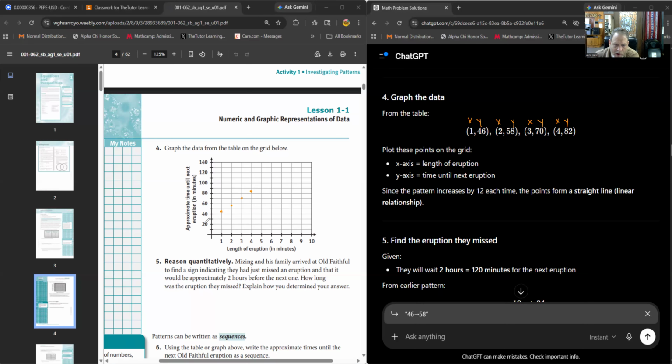Okay, do you see where it forms a straight line? Okay, it forms a linear line. So they all increase by 12 each time. So they form a straight line, which is linear. It's a linear relationship.